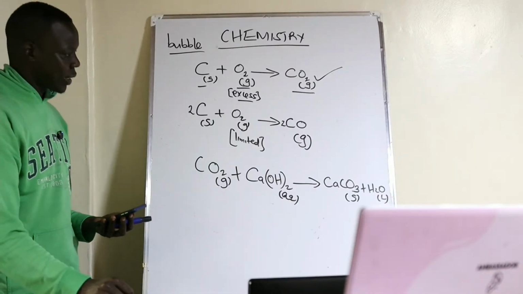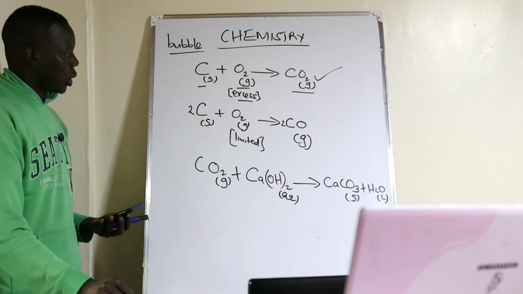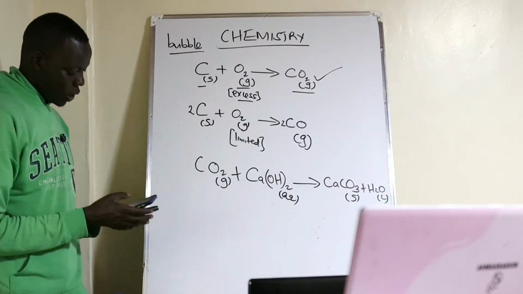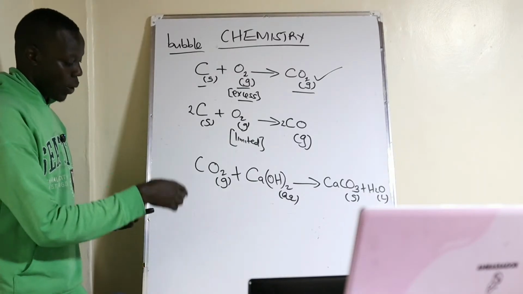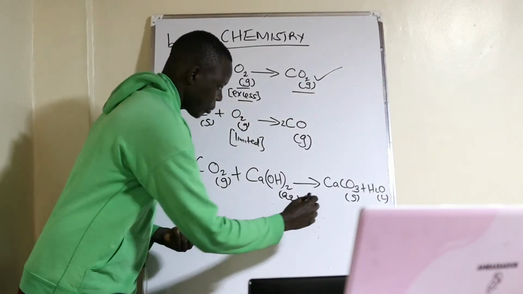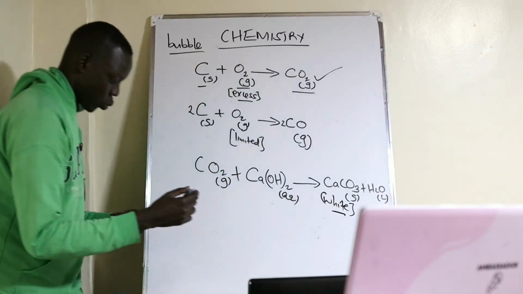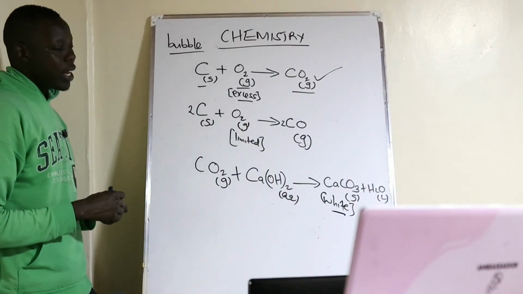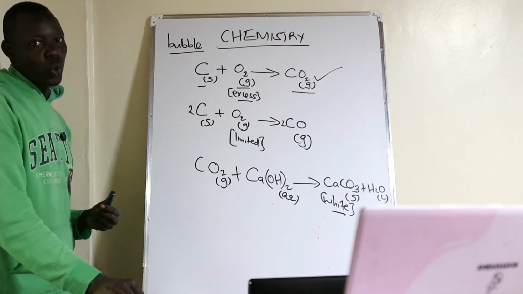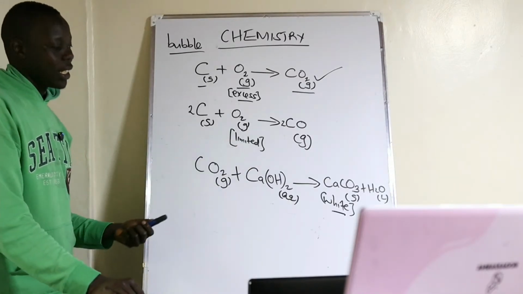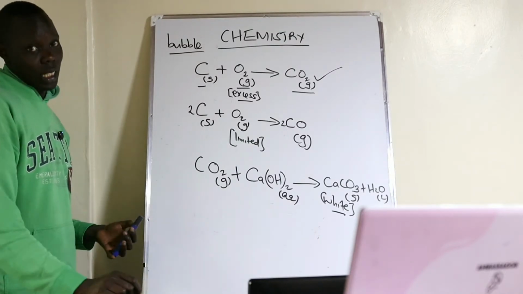Let me also explain this, that when you bubble CO2 through calcium hydroxide, it is going to form a white precipitate, which is a white substance. In fact, you can write down here white, for those who are writing the equations. Now, if you continue bubbling CO2, now CO2 in excess, the white precipitate dissolves and it forms a colorless solution.